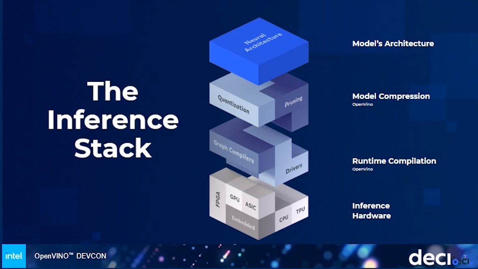Two more important pieces in the puzzle are the model compression layer, which includes quantization and pruning, and of course, the runtime compiler, such as OpenVINO, the main star of this evening or morning, which helps to optimize the connection between the network and the target hardware. Together, these layers form what we like to call the inference stack. Now we'll go layer by layer and analyze its effect on the runtime of the model.